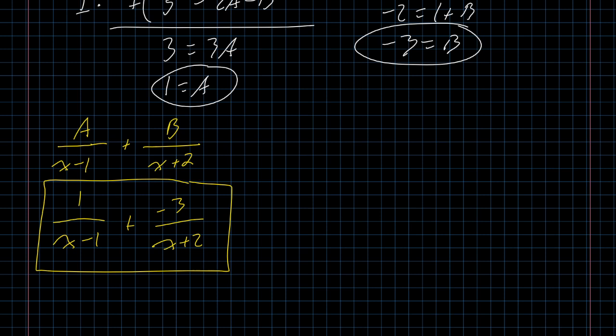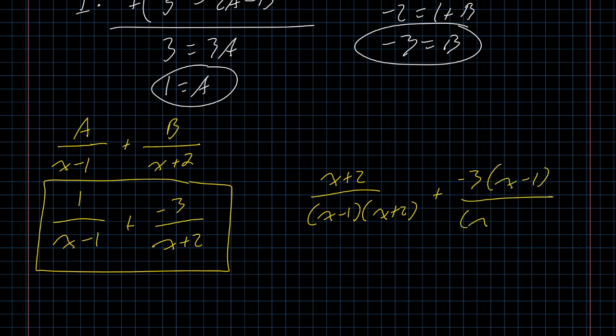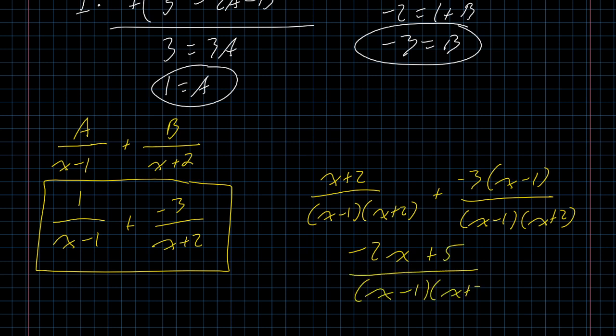If you want, we can double check. We can find common denominators. We can distribute and add together and verify that we do in fact get the thing we started with.